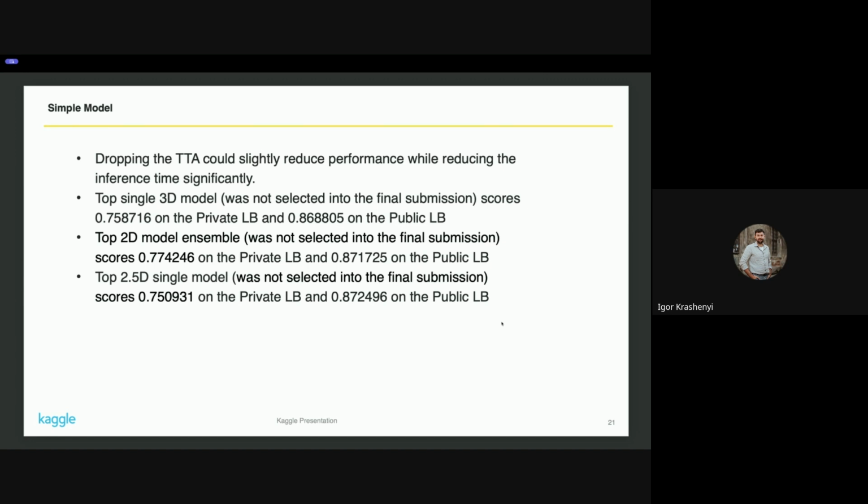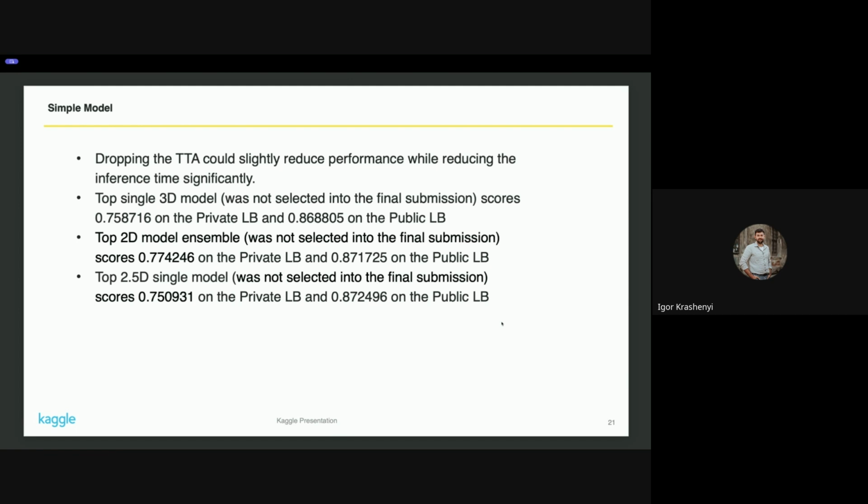The 2D model ensemble of EfficientNet B5 and B6 with UNet++ decoder without validation scored 0.77 on the private leaderboard, which was also not selected for the final submission.